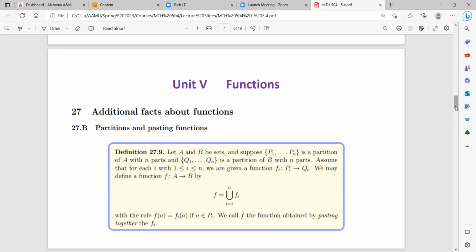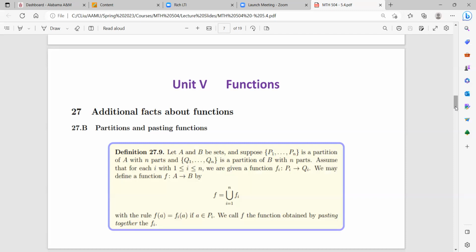All right. And the other thing is, there's no intersection, or it's empty, between any 2 parts or subsets of this partition. Now let's say for each i from 1 to n, you can define a function f sub i from Pi to Qi. These Pi and Qi are just subsets of A and B respectively.